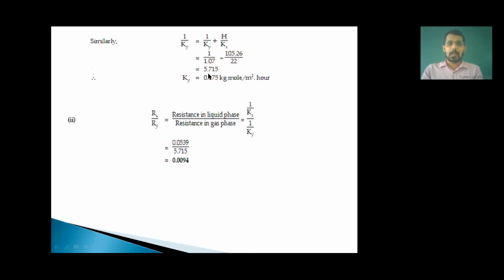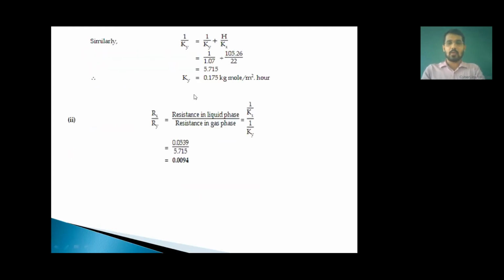You will get 5.715. This is the resistance to mass transfer in a gaseous phase. This capital Ky is the mass transfer coefficient in gas phase, so you have to take the reciprocal of this term, 1 upon 5.715. Then you will get the value 0.175, and it is in kg mole per meter square hour. So we have found here capital Kx and capital Ky.